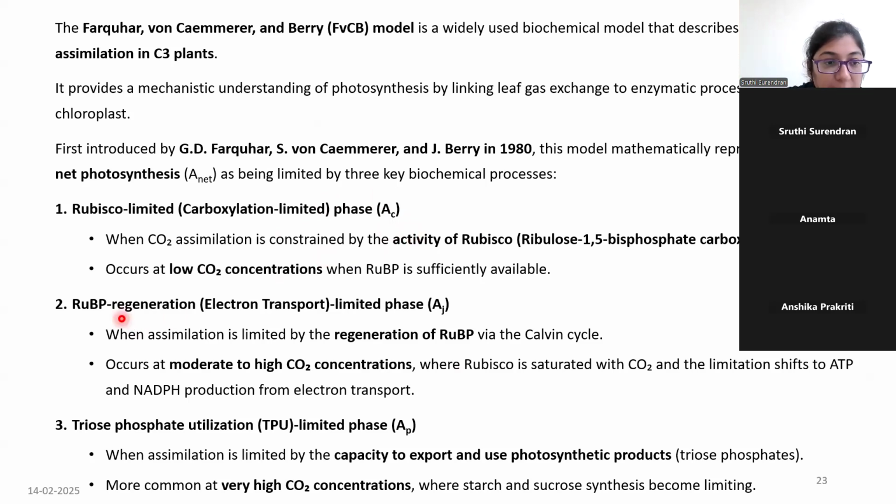Next is the RuBP regeneration limited phase. It is also called the electron transport limited phase, because during RuBP regeneration, the ATP molecule is again being reduced to ADP. If you remember the Calvin-Benson cycle, when G3P is converted into RuBP, 3 ATP molecules are utilized, which releases 3 ADP.